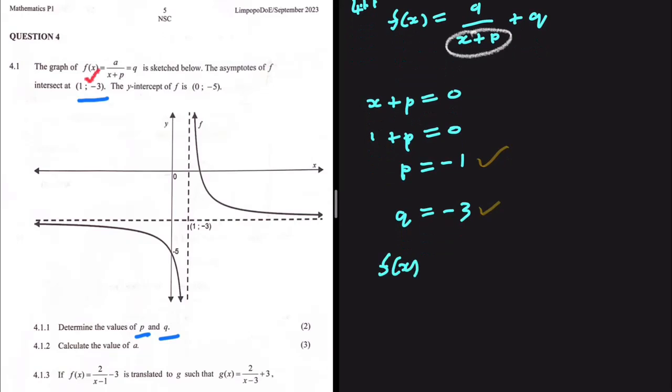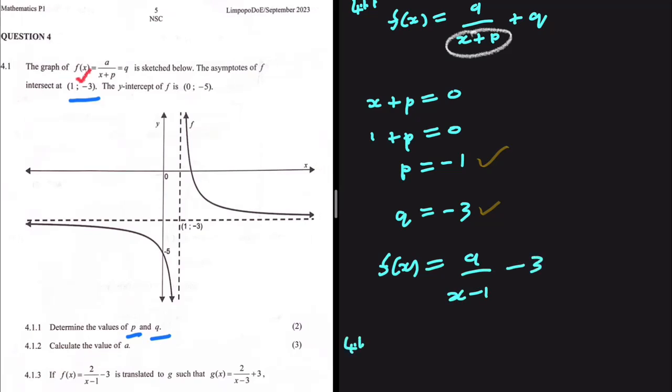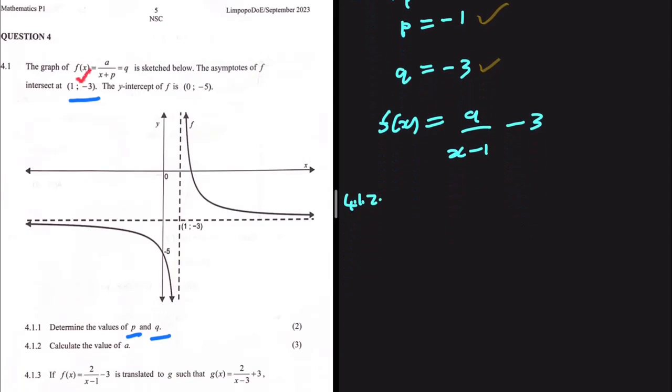So f of x, at this point, we know that it is equal to a divided by x minus 1, minus 3. In 4.1.2, we are looking for the value of a. How are we going to find that? We're going to substitute the y-intercept or any other point on the graph. So the y-intercept: x is 0 and y is minus 5. Let's substitute that in.